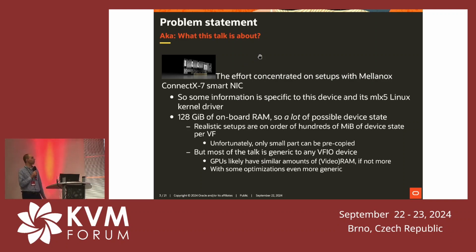This talk was developed against this card, and the measurements will also be done against this card. Most of the optimizations are pretty generic and could be applied to any similar device or any device with a large device state, and some could even be applied to any device state transfer.